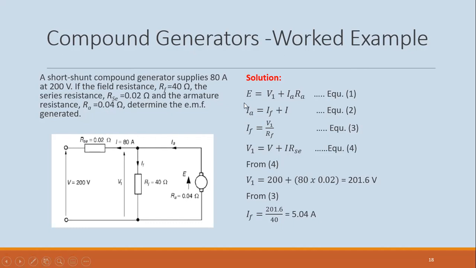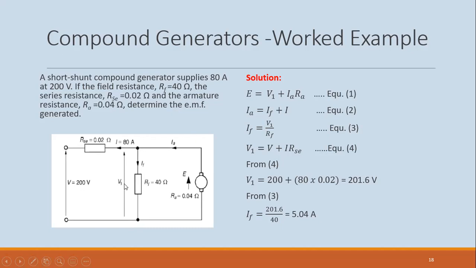All right, so we can write a series of equations for this machine. The first one is E equals V1, the voltage across here, plus IA RA. And IA, according to Kirchhoff's law, would be equal to IF plus I. And this IF is also equal to the voltage across this branch divided by RF.